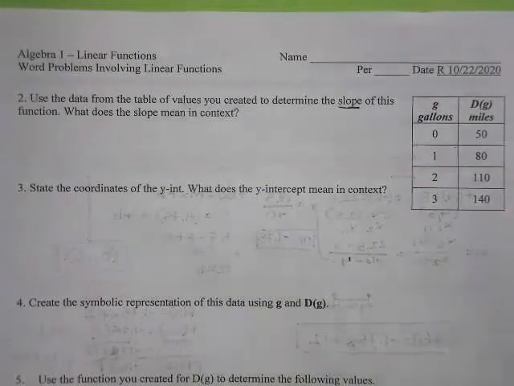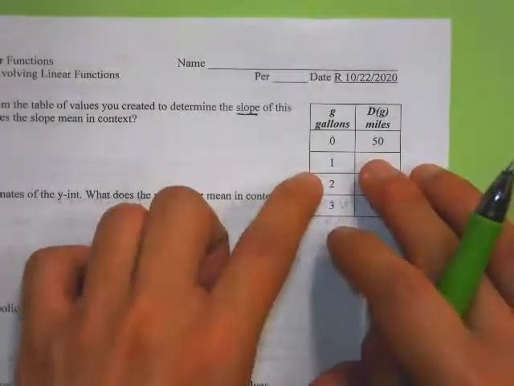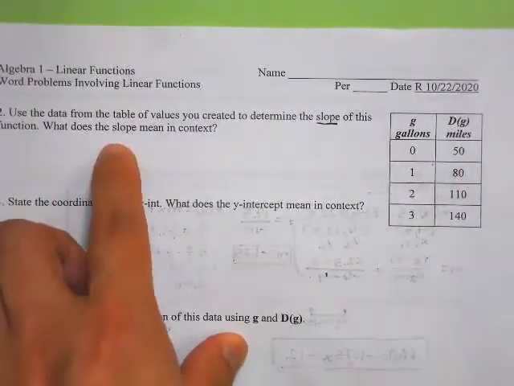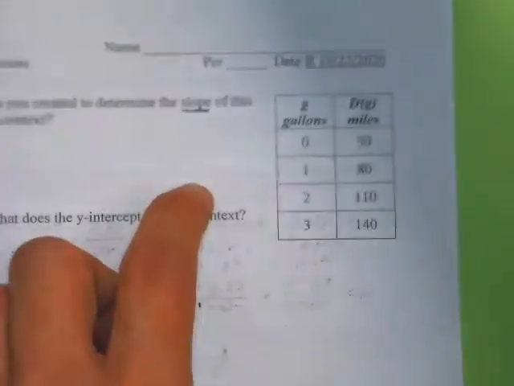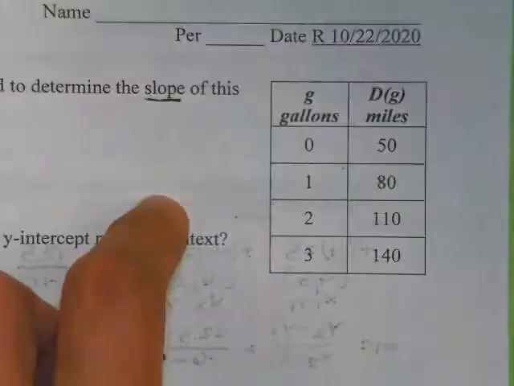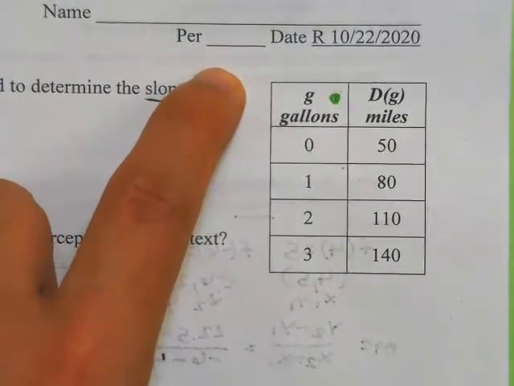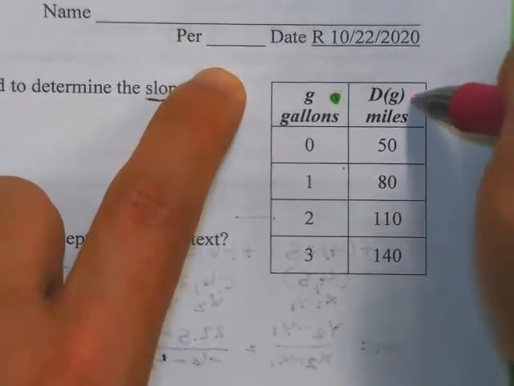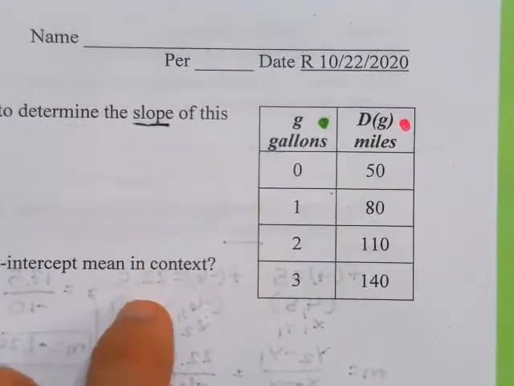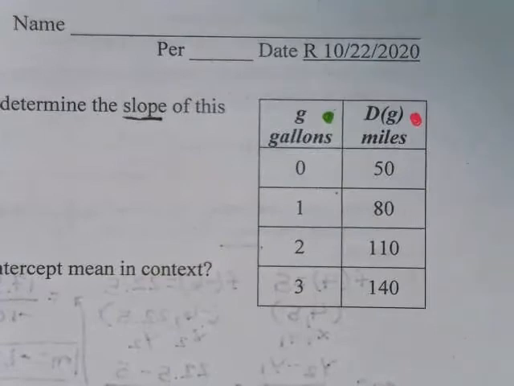We got some background of this, and then what does the slope mean in context? So we'll answer 2 of those different questions on this side here. I'm going to try to color code to the best of my ability so you can see where everything's at. I'm going to make this lime green, and then I'm going to make this one pink. You don't have to color code. It's just for teaching purposes only.